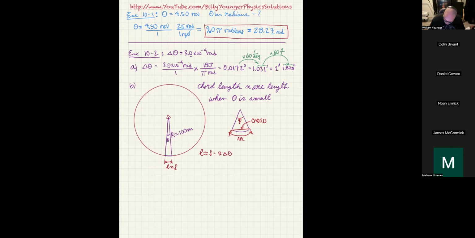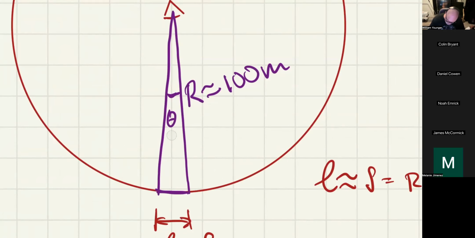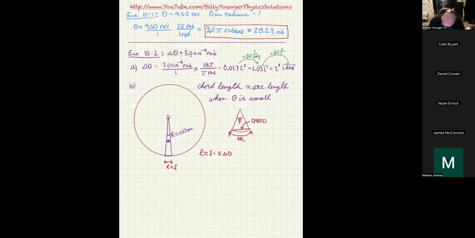I could have just called it theta, but let me change it to delta theta since I had called it delta theta up top anyways. So I'm going to say this is the angle delta theta.